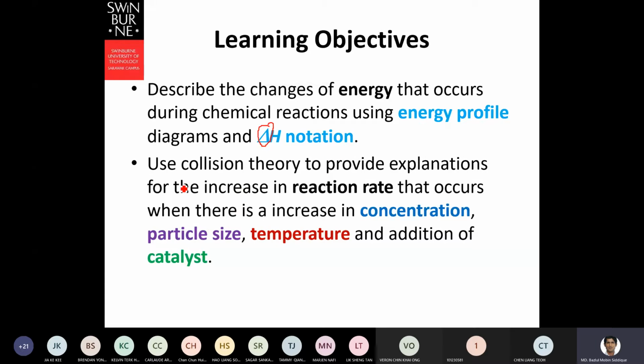We will also see how the rate depends on the concentration, the particle size, and the temperature of the environment, and one more thing: a catalyst. A catalyst is foreign to the reaction, but it has a very significant impact on the reaction rate.